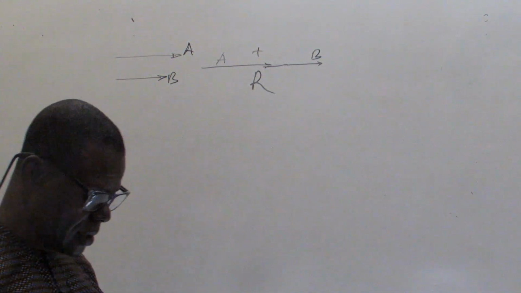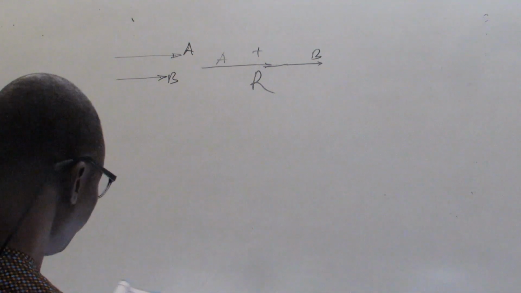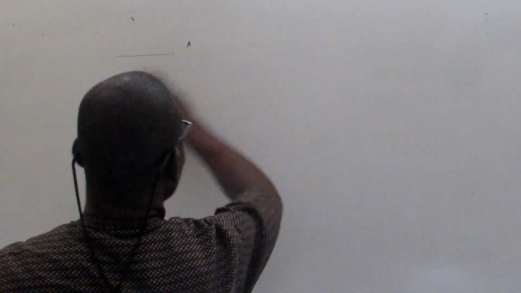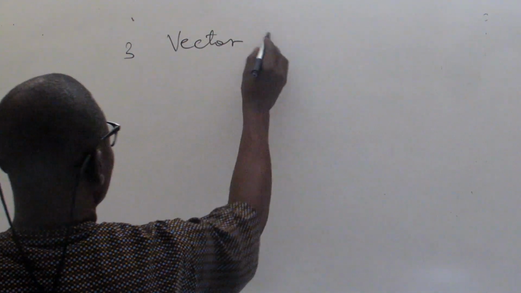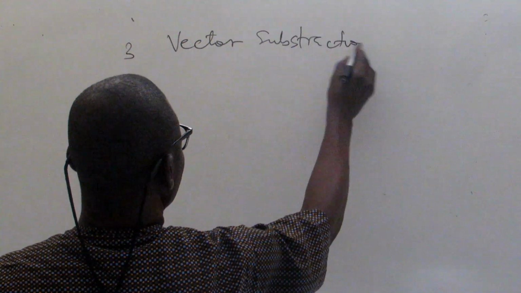And then the next one is vector subtraction. The first we have added. The third one now is vector subtraction.